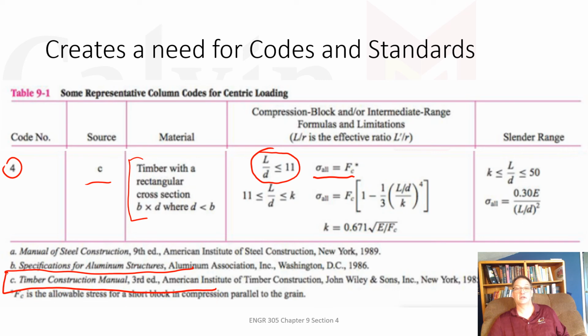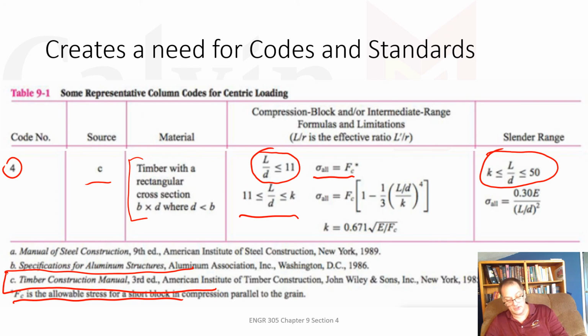Sigma allowable is FC. Did they define FC? I have to go back to their, right here, it's the allowable stress for a short block. Okay. Then I define what an intermediate range is. And here's a slender range. And they have different equations for what my allowable stresses are.